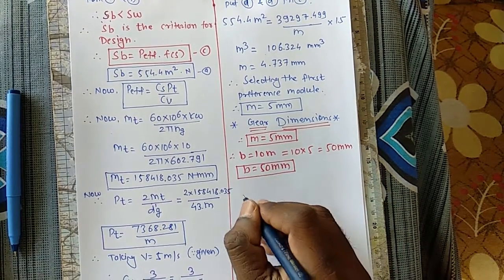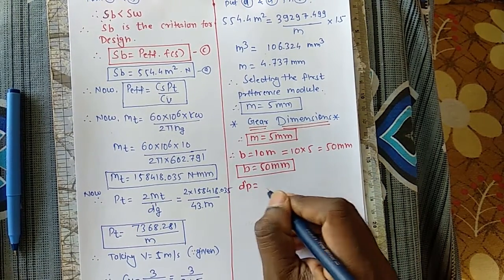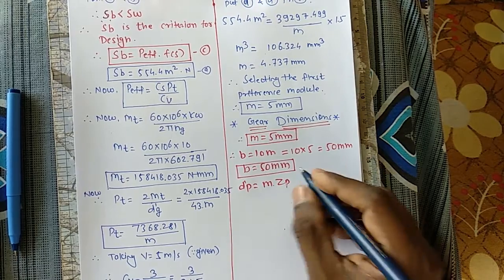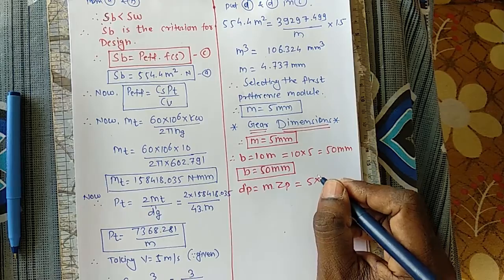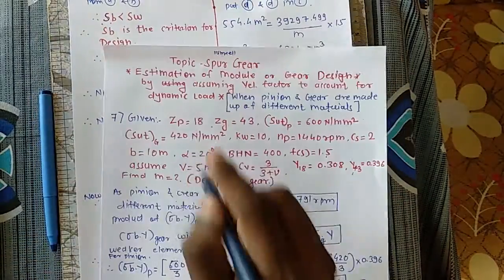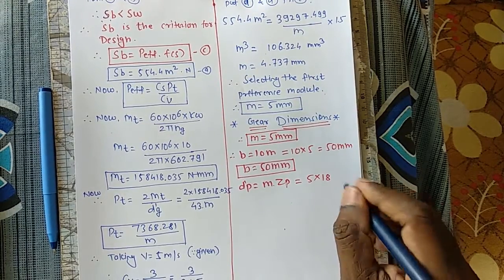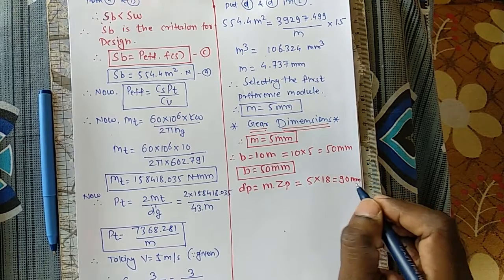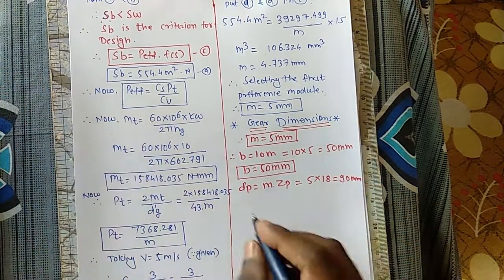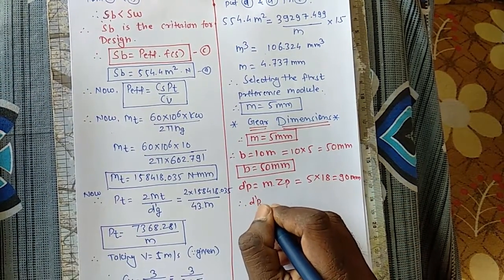We will go for the pitch circle diameter of the pinion. D dash P is equal to M into ZP. M is 5 and the number of teeth on the pinion is given as 18 in the problem statement. So 5 into 18 is equal to 90 mm.